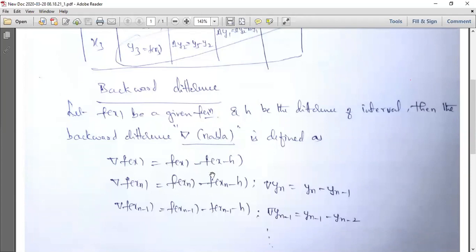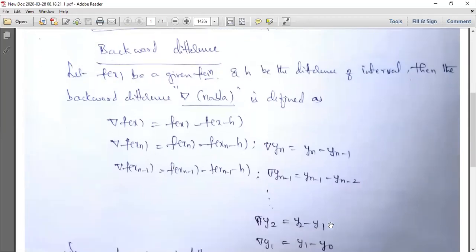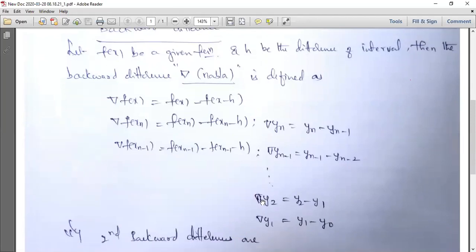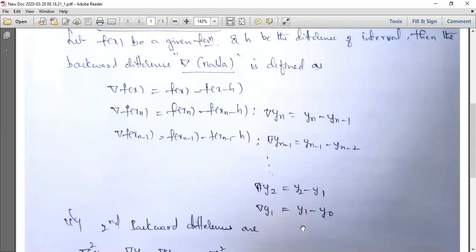It is also represented with the function y: nabla yn is equal to yn minus yn minus 1. Nabla of yn minus 1 is equal to yn minus 1 minus yn minus 2. Nabla of y2 is equal to y2 minus y1, and nabla of y1 is equal to y1 minus y0.